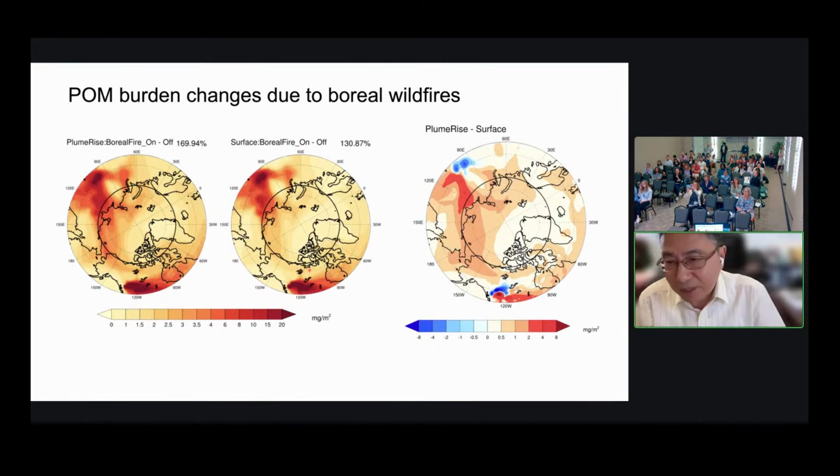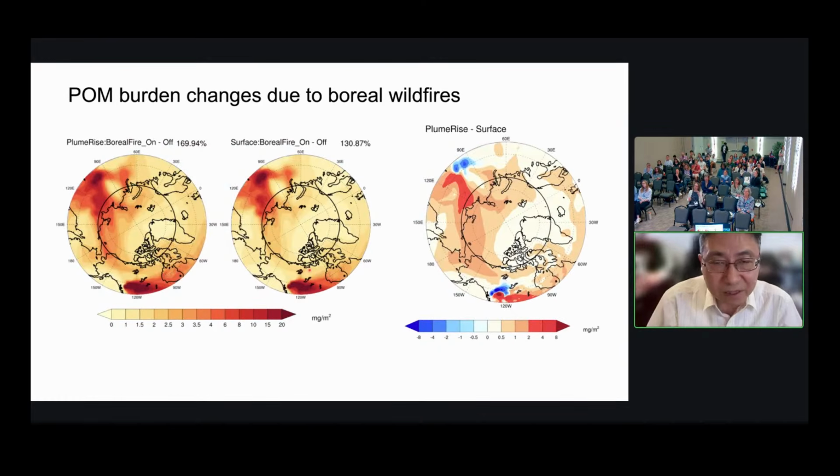So next, we look at the impact on the Arctic and the radiative effect of aerosols. If you look at the primary organic matter burden change in the Arctic, north of 70 degrees north, the left is the plume rise, the middle is emitted at the surface, and the right is the difference between plume rise and the surface.